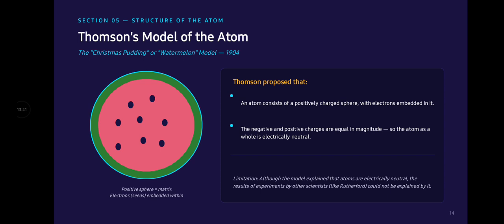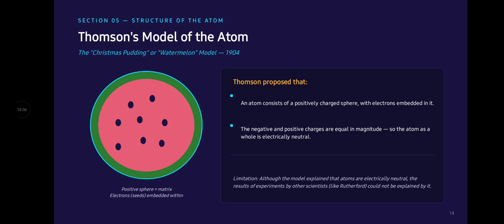The Christmas pudding or watermelon model, also called the Thomson model, came in 1904. Thomson proposed that an atom consists of a positively charged sphere with electrons embedded in it.